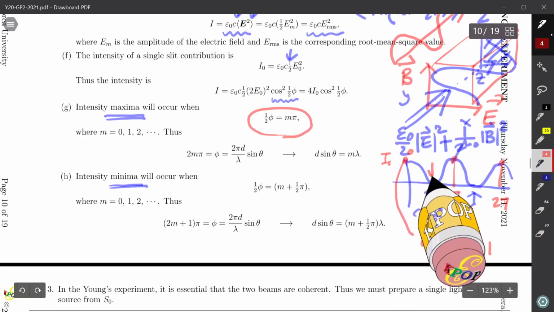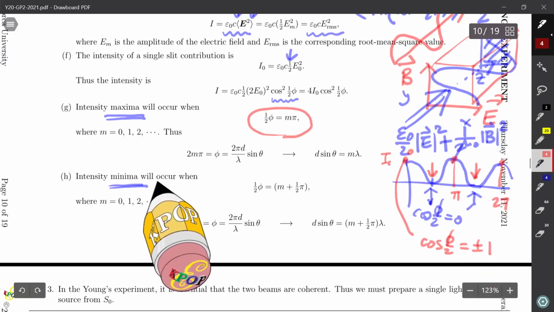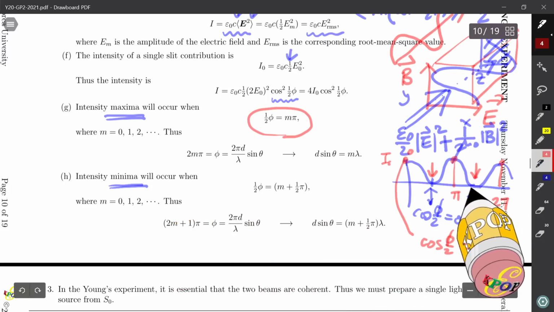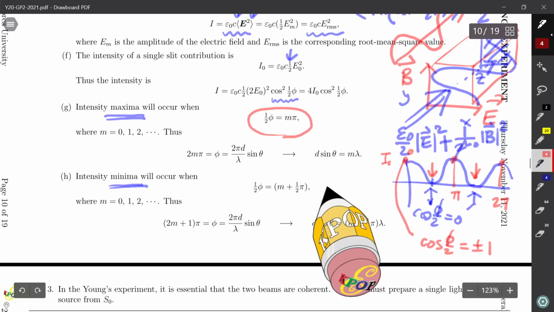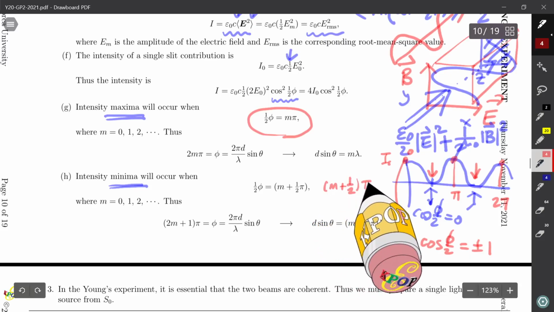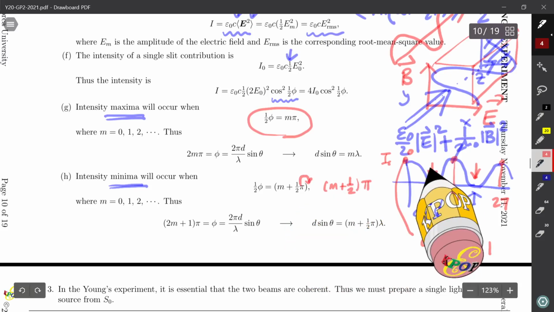When we have minima, we have a half integer. This one should be n plus 1/2, with the pi outside.